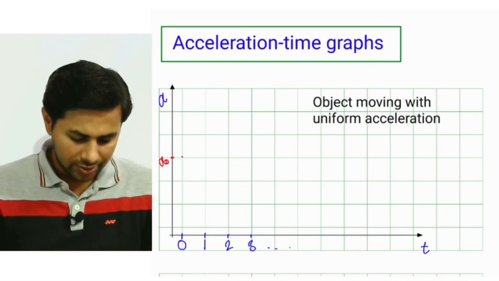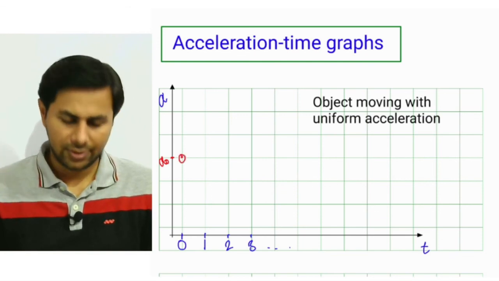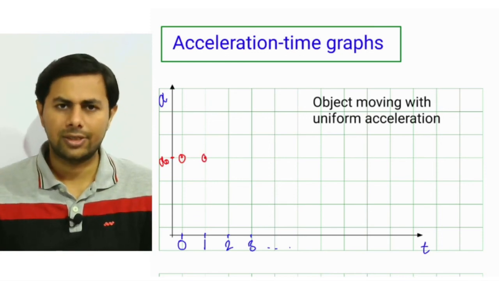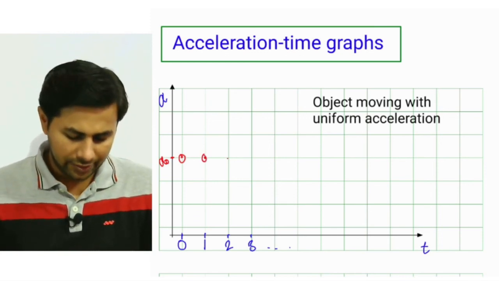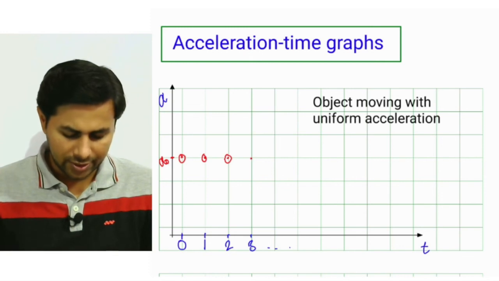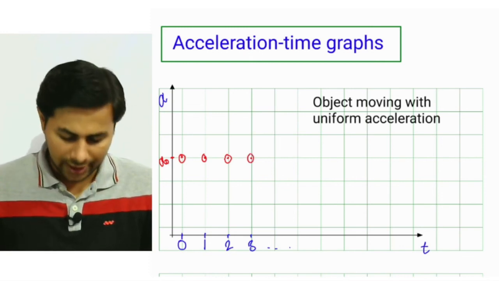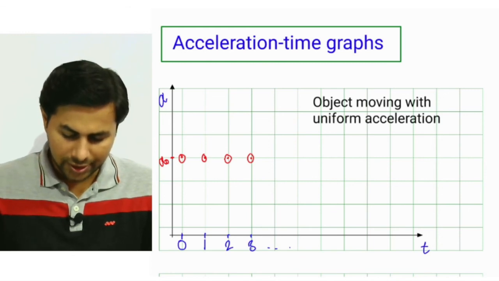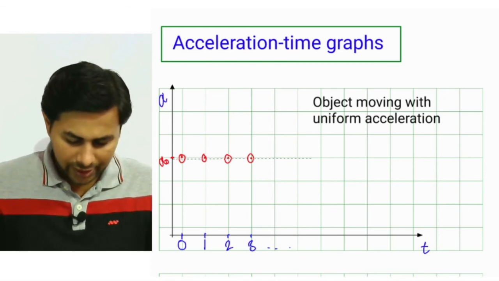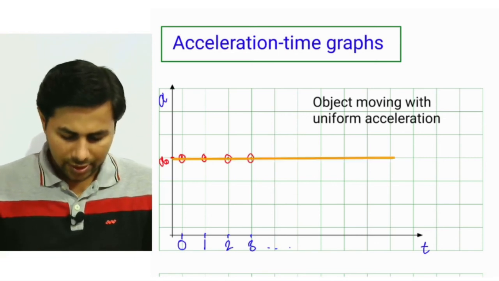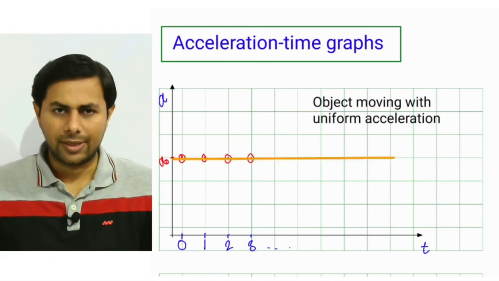So at t equals to 0, acceleration is a naught. At t equals to 1, the acceleration is a naught meters per second squared. At t equals to 2, it's same. T equals to 3, it is same. So we get these points, and if we join all these points, we get a straight line parallel to time axis.